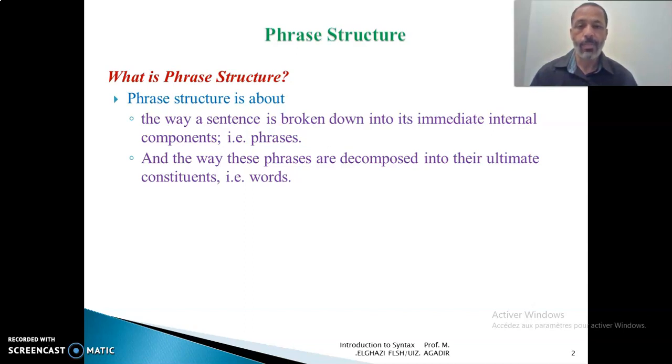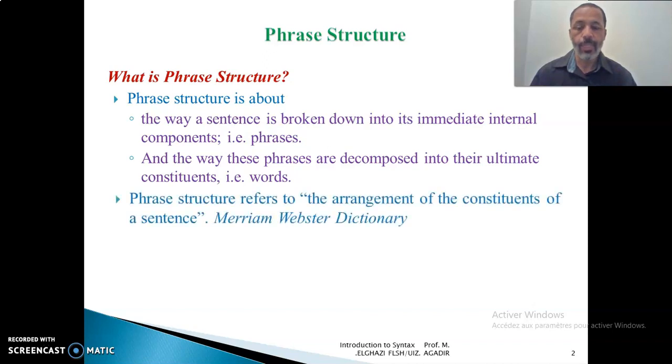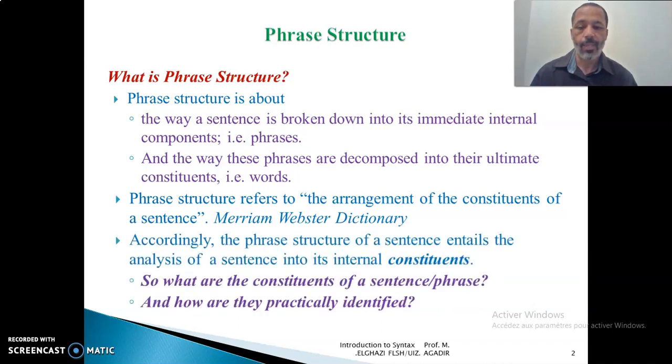If you go from bottom to top, then we say a structure consists of words, which are combined together to form phrases, which are also combined together to form sentences. So phrase structure refers to the arrangement of the constituents of a sentence. This definition is due to the Merriam-Webster dictionary.